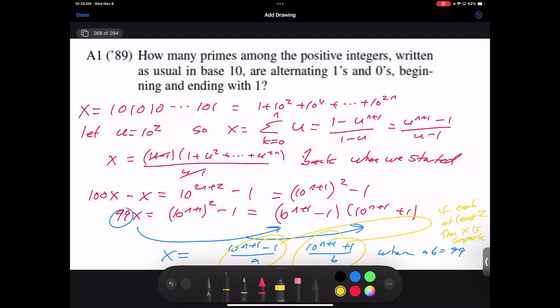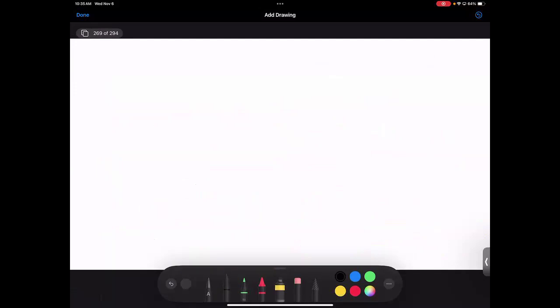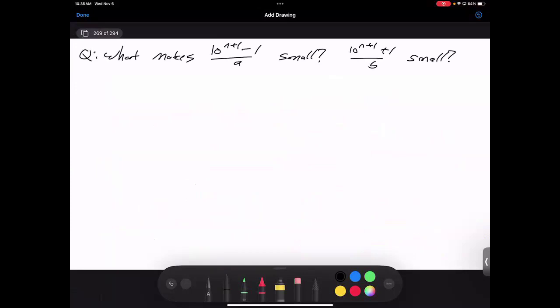So how could 10 to the n plus 1 minus 1 over a be small? Question: what makes 10 to the n plus 1 minus 1 over a small, or 10 to the n plus 1 over b small? So what would make the first factor small?